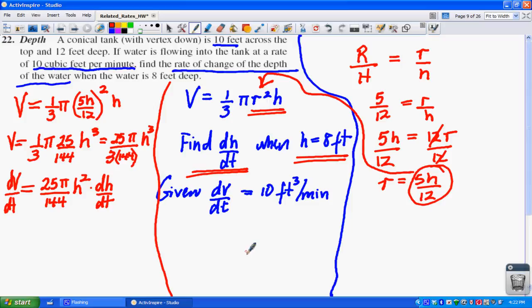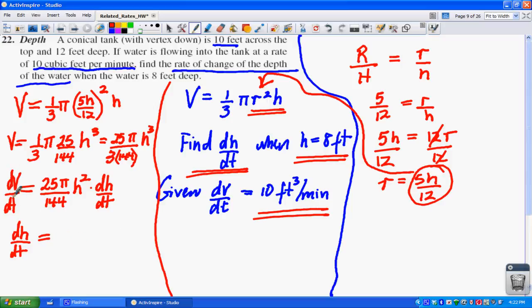Good? So what was given to us? Well, dV dt was given to us. dV dt is 10. So if we put 10 here and solve this for dh dt, we're going to end up with dh dt is equal to, now I'm just going to put 10 here, right?